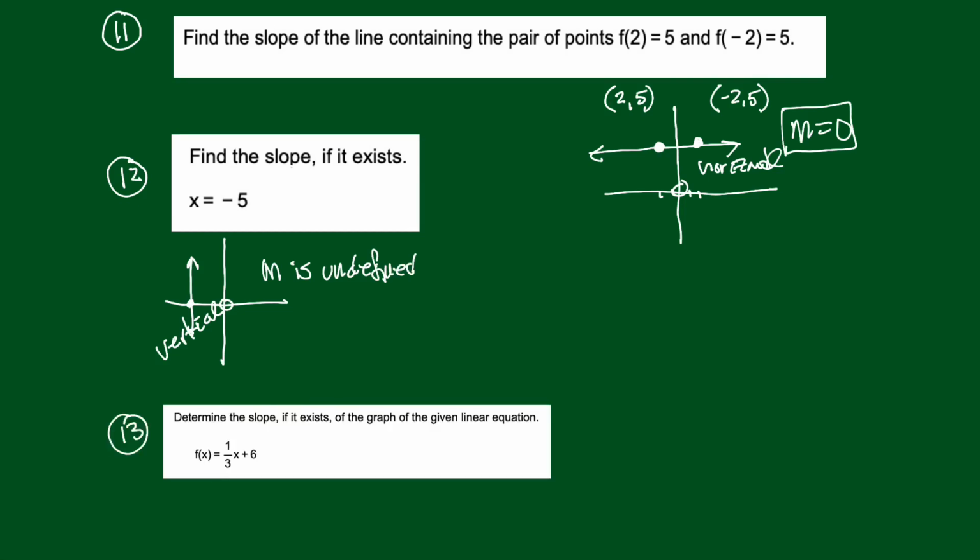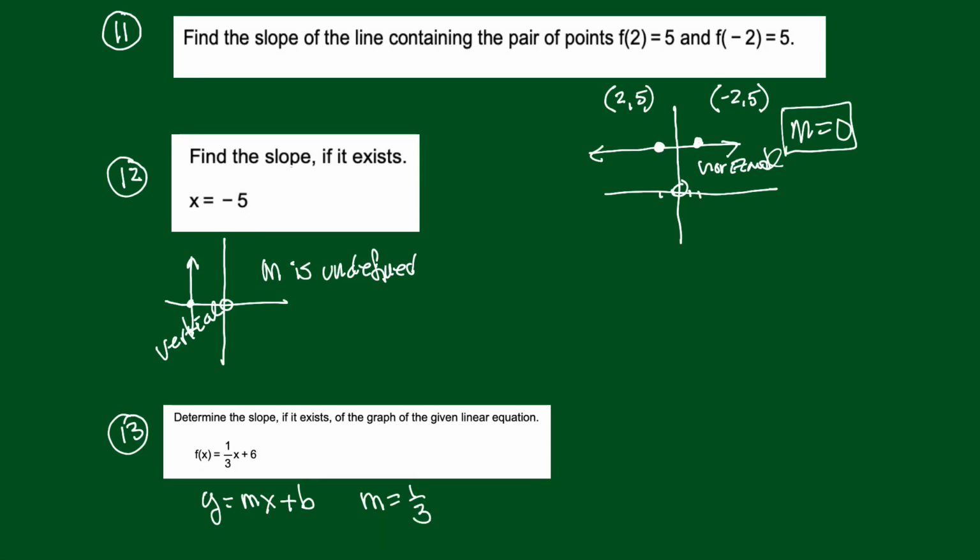Here in problem 13, we want to find the slope of this line. Now notice the form. f of x, we can write that as y. This form is y equals mx plus b, some number times x, and that multiplier of x is always the slope. So for us, that is 1/3, so the slope here is 1/3.